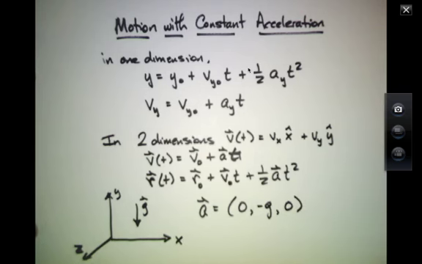Here z is pointing out of the page, x is along the horizontal, and y is on the vertical.